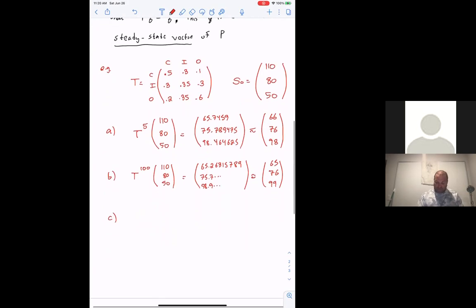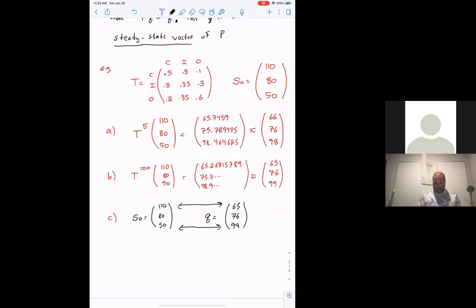When I look at the initial state vector, which was S0, which was 110, 80, and 50, and the steady state vector, which was 65, 76, and 99, I see that they really made not the greatest choice when it comes to how many bikes they're going to start in central and how many bikes they're going to start in outer.